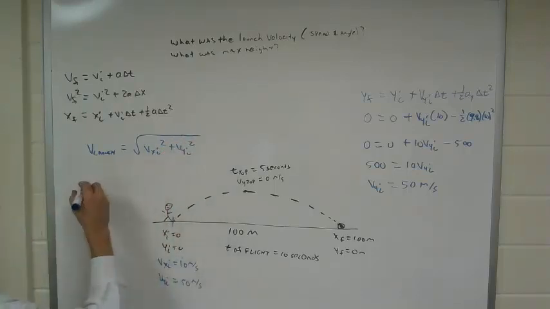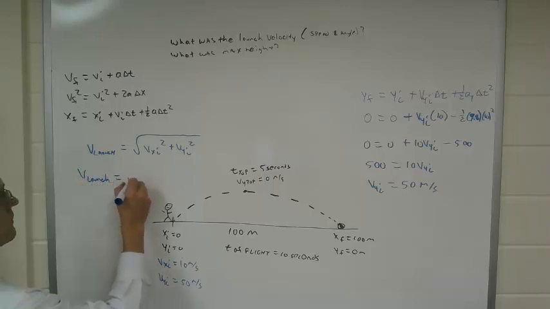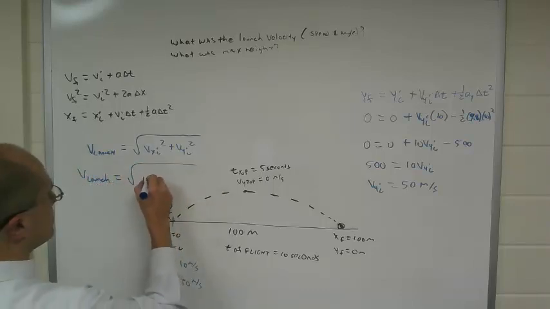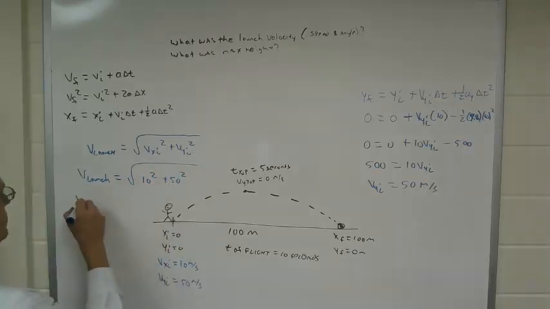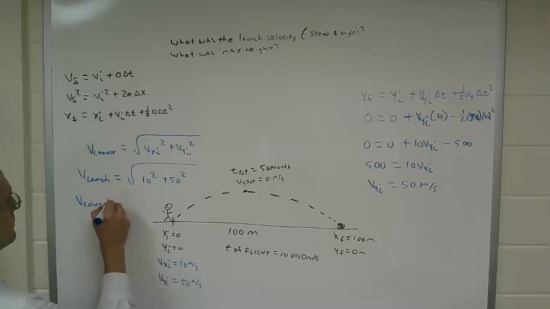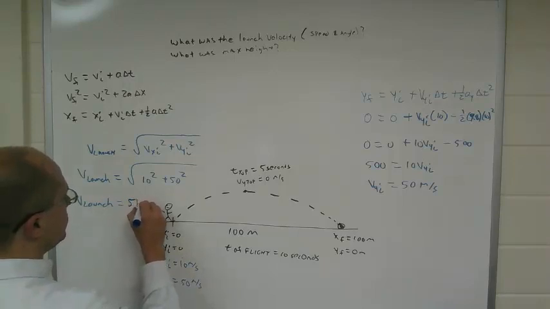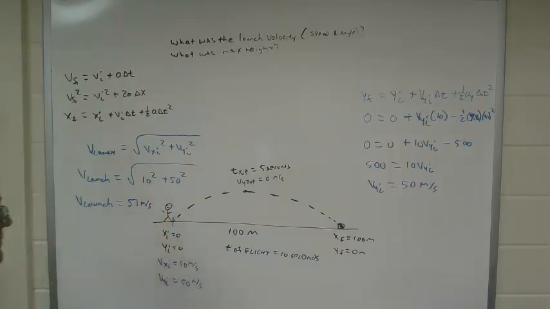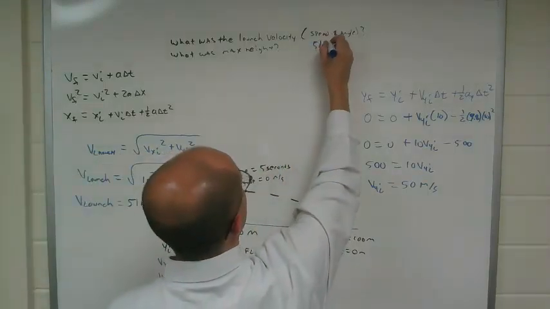So V launch is the square root of 10 squared plus 50 squared. When we plug this into our calculator, we see that V launch is about 51 meters per second. So that means we launched it with the speed of 51 meters per second.